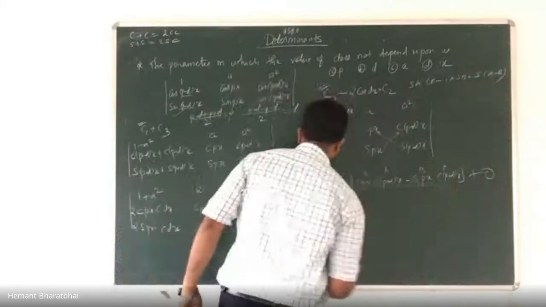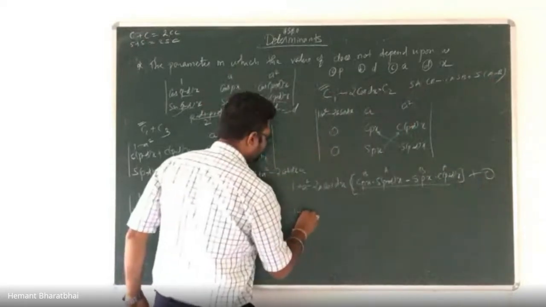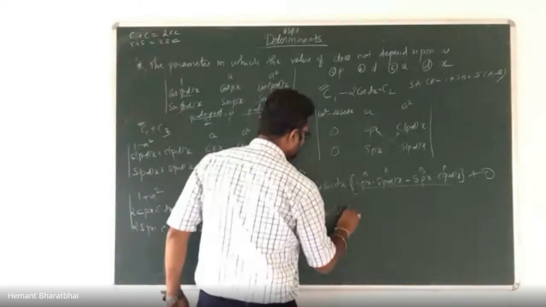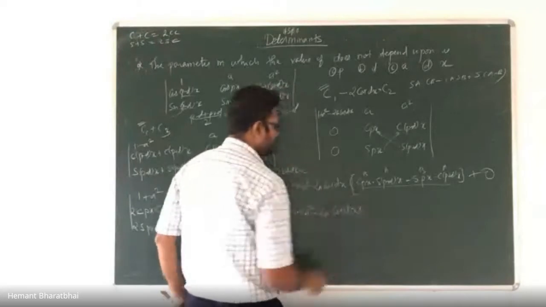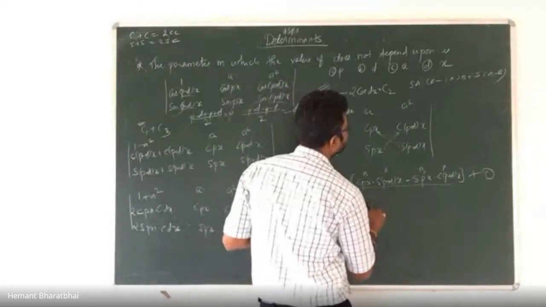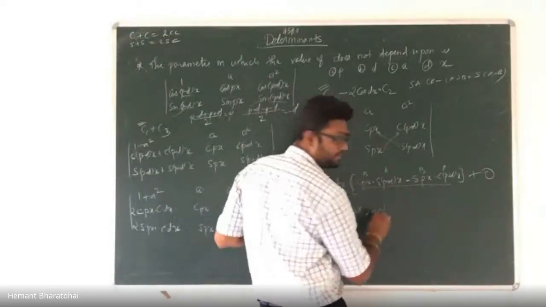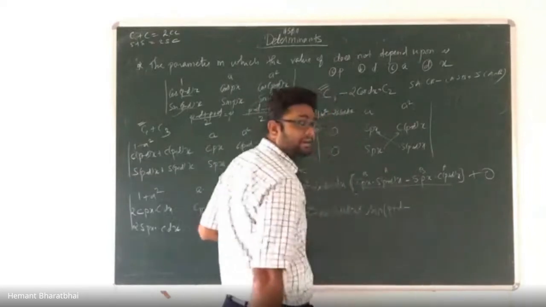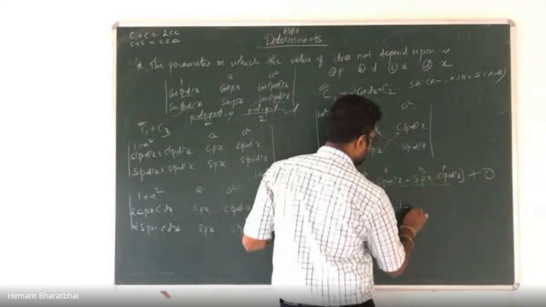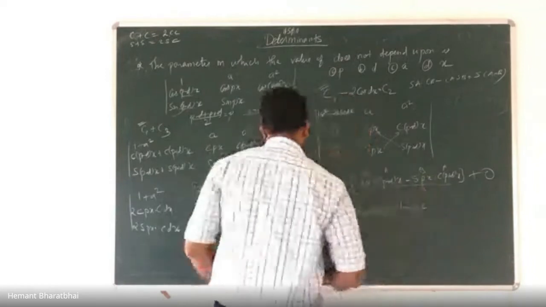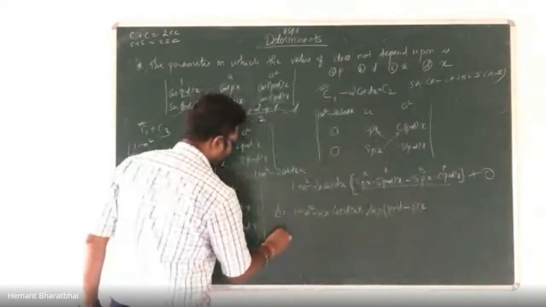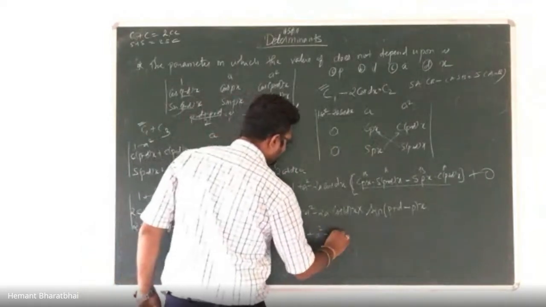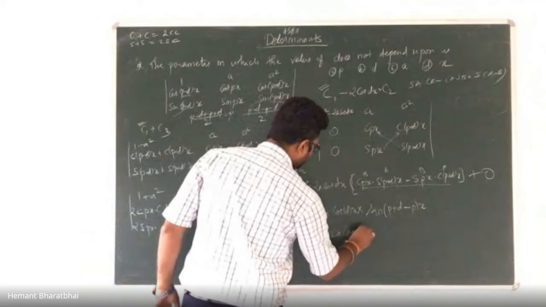So I'll get here 1 plus a square minus 2a cos dx into the expansion of sin of A minus B. Here my A is p plus dx and B is px.